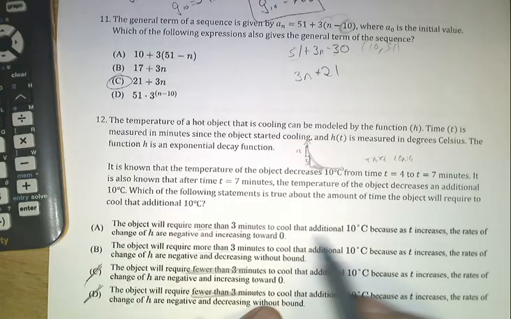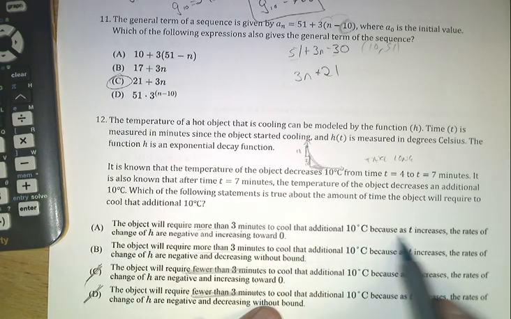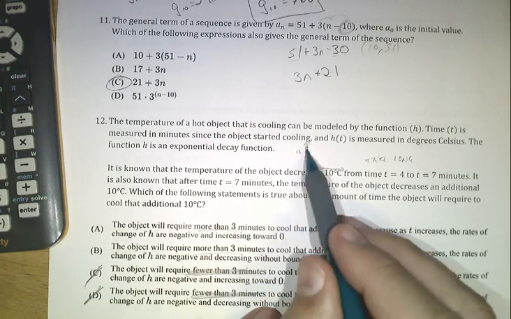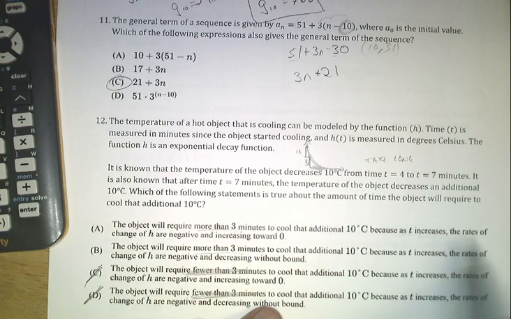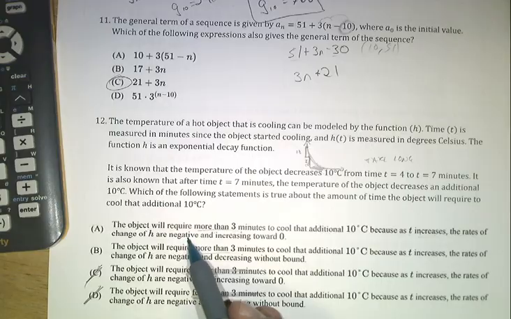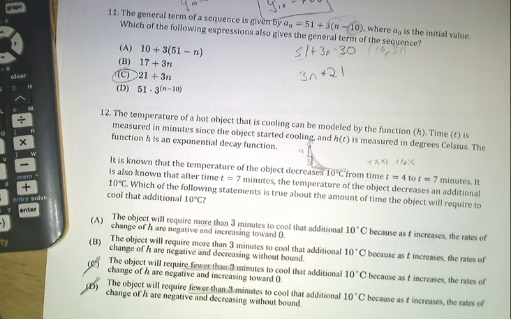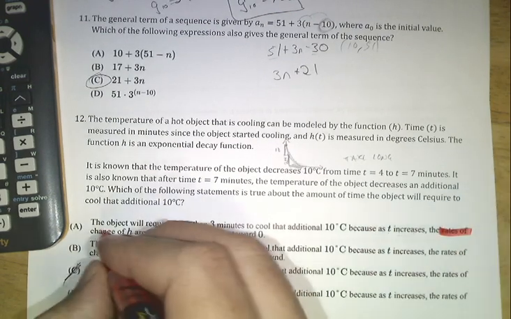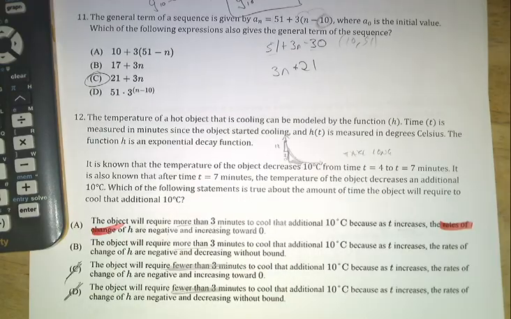Then the next section says why. So it's asking why does it happen. Is it because as t increases, as time goes on, the rates of change are negative and increasing? Here's where you have to not get caught. They're talking about the rates of change of h, not h itself.